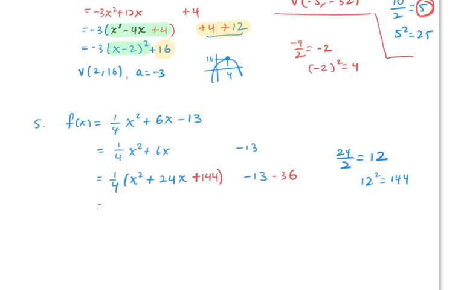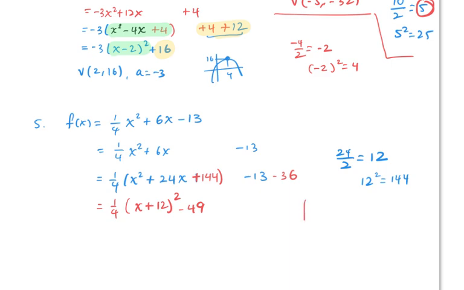So then this becomes 1/4 times what? X plus, what's the value you got when you divide by 2? 12. And how much is minus 36 minus 13? Sorry, minus 49. And that's it. So that's the equation in standard form. All right, so now is this one going up or is this one going down?